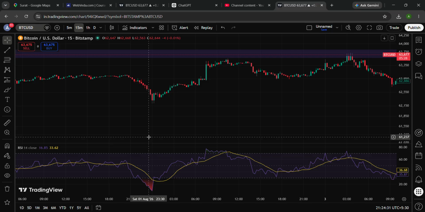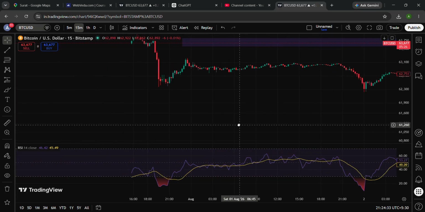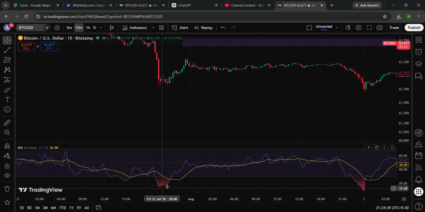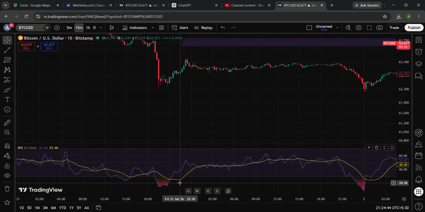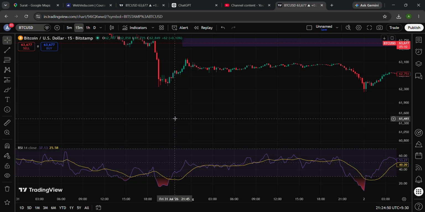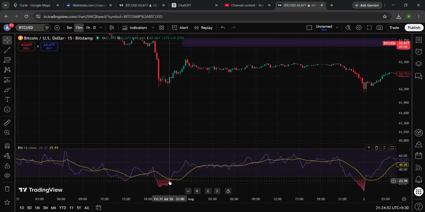So you can backtest it. And one of the most important things I have told you is that when the position is, as you can see on your screen, this red position, this red position, this red position, that tells us the story that this is an oversold zone, and the price could actually move upside from here.